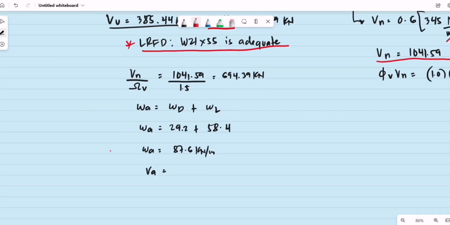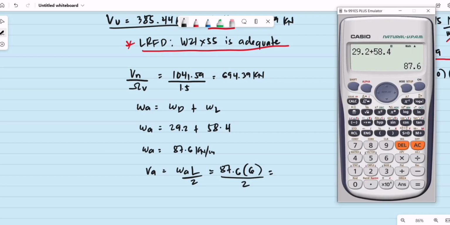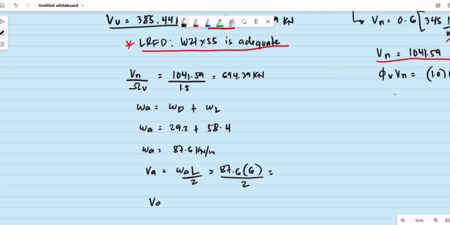So this is 87.6 kilonewtons per meter multiplied by 6 meters, divided by 2. So 87.6 times 6, then divided by 2, is 262.8 kilonewtons. So the value of V sub A is 262.8 kilonewtons.